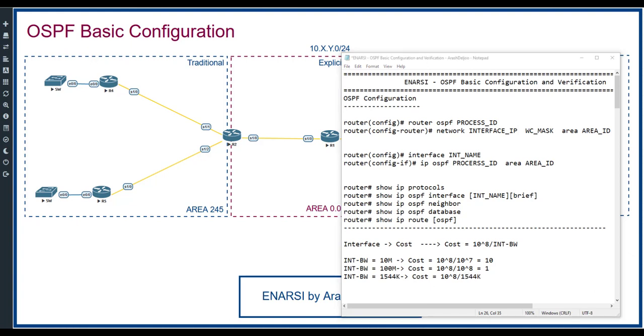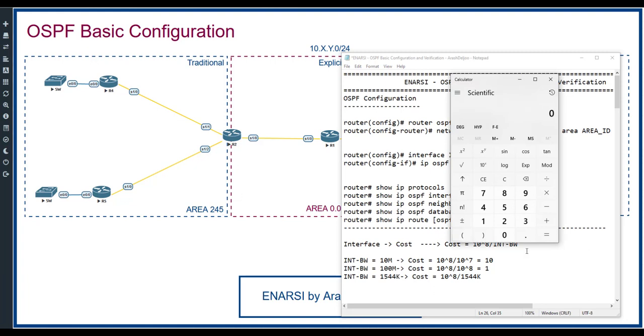You can use a calculator. Look at here, this is our calculator. 10 to the power of 8 divided by 1544 kilo. As you can see, this results in 64.76. We should round it down and the result will be 64.